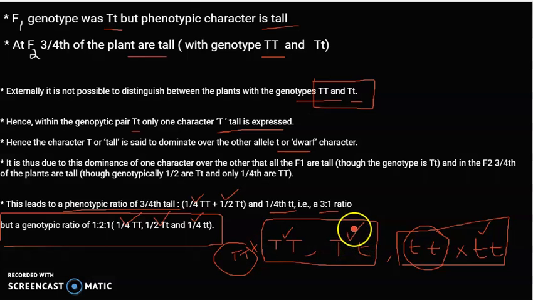And when he self-pollinates capital T small t, again we will get the same ratio of capital T capital T, capital T small t, and small t small t. That is the 1:2:1 ratio. But the problem is not this.